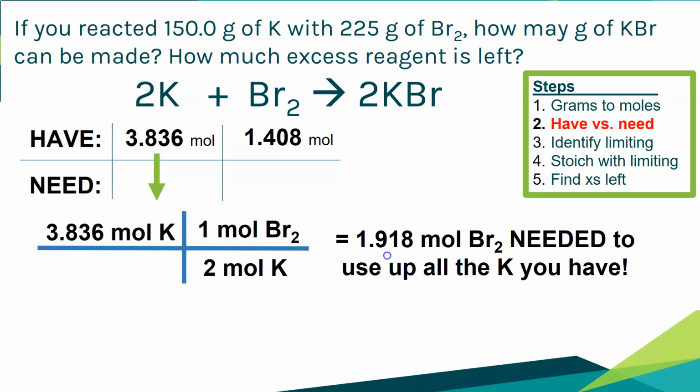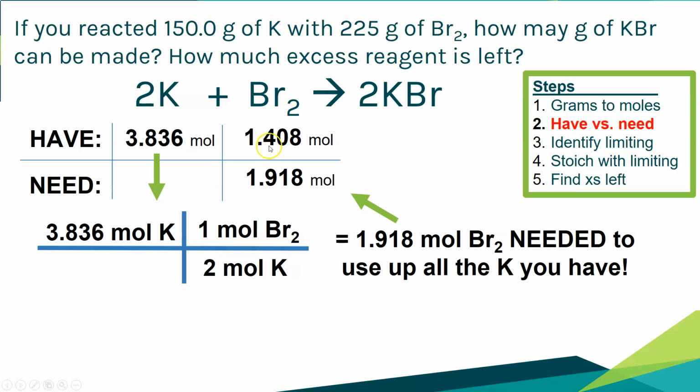I'm going to put that in my chart, and I'm going to instantly notice a big giant problem, aren't I? I'm going to notice right away, I need 1.9 moles. I only have 1.4 moles. I'm going to run out of this, aren't I? Okay, so this is a problem.